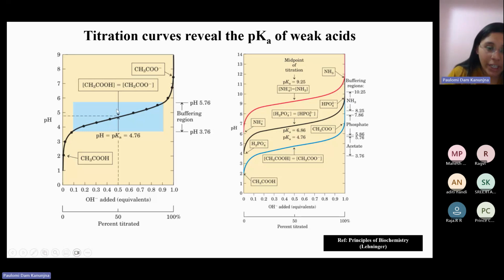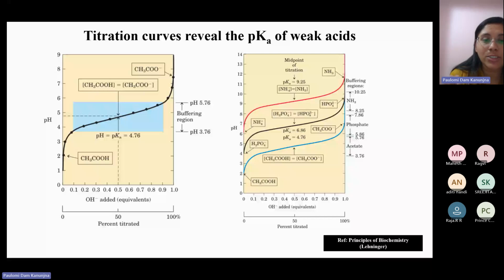But there will be a value when you have added 0.5 equivalent of NaOH, whichever amount you're using, half of that base you have used. At that value, you know that the acid is equal to the amount of acetate ions, the proton acceptor, the conjugate base, so the acid and conjugate base are in equal number.